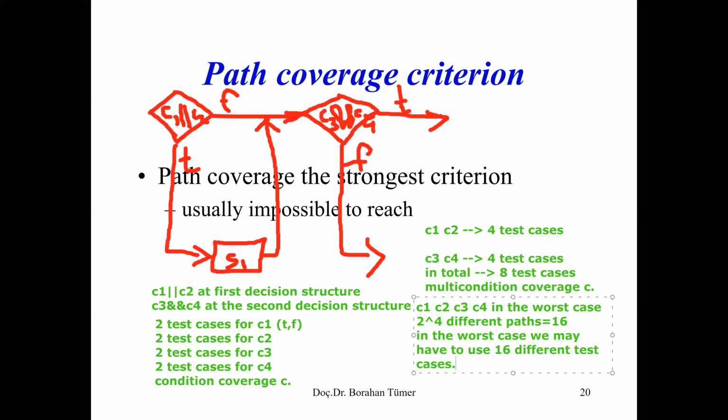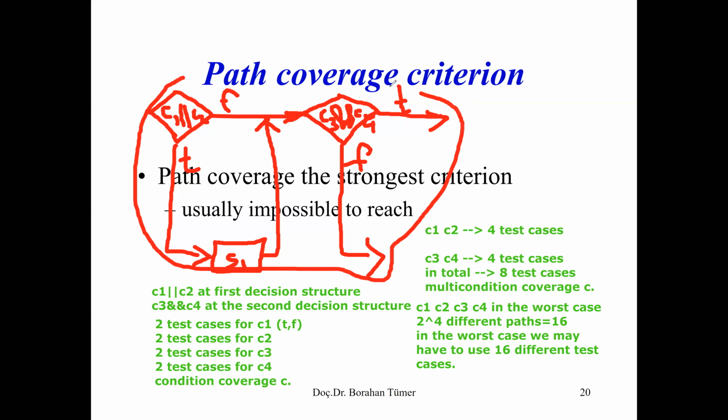Okay, but this whole thing here is not the worst case. Why? Here we have, for each possible truth value combination, what we get is, okay, let me draw each of these using another color.